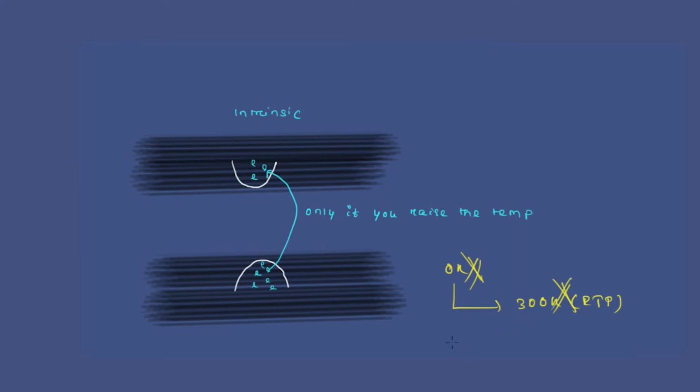If you increase the temperature higher than room temperature, at that point of time electrons will shift from valence band to your conduction band, or we can say bonding level to your anti-bonding level. It will start moving from bonding level to anti-bonding level in case of intrinsic semiconductor.